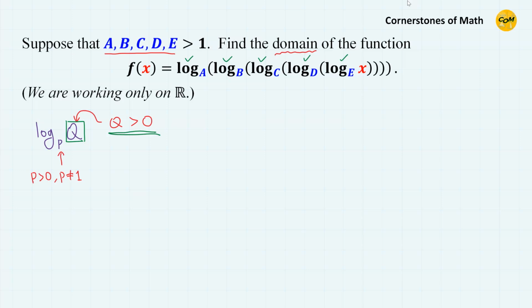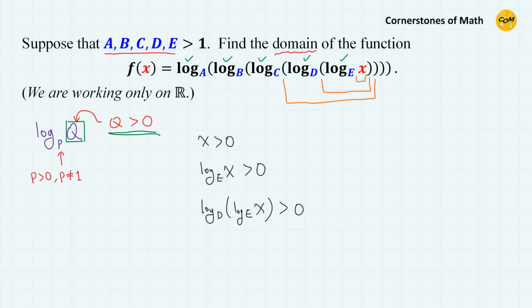Therefore, we have, first, this part must be positive, so x must be greater than 0. Then this part must be positive, so log base e of x must be greater than 0. Then this part must be positive, so log base d of log base e of x must be greater than 0.